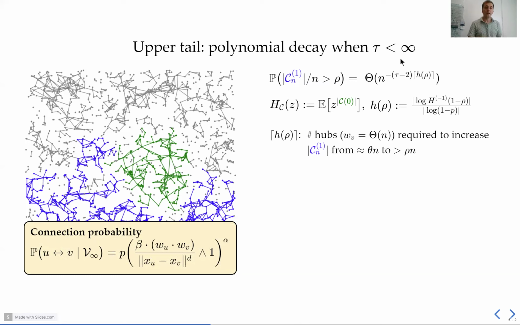Well, here on the left, if we look at the connection probability, so if we plug in n for one of the weights, and we divide by the maximal distance in the graph, which is n to the 1 over d, raised to the power d, then the n cancels. And so that means that hubs always connect with constant probability to any vertex in the graph, no matter where it is.